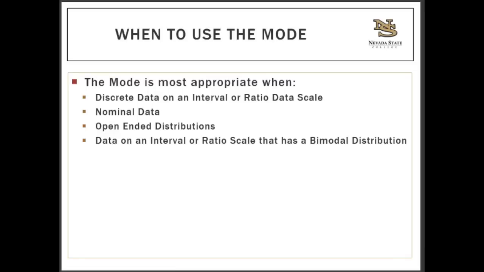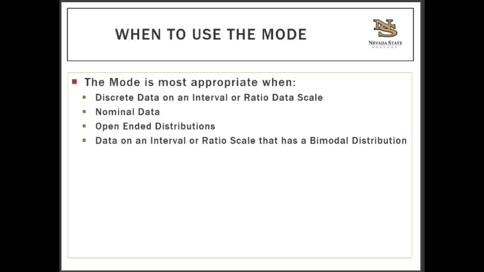So, when to use the mode. The mode is really the least descriptive type of measure of central tendency because it's really just focused on a couple of scores or a single score that have a high frequency without taking any of the other scores into account. So it's kind of our last ditch option when we have discrete data or we have data that's nominal.